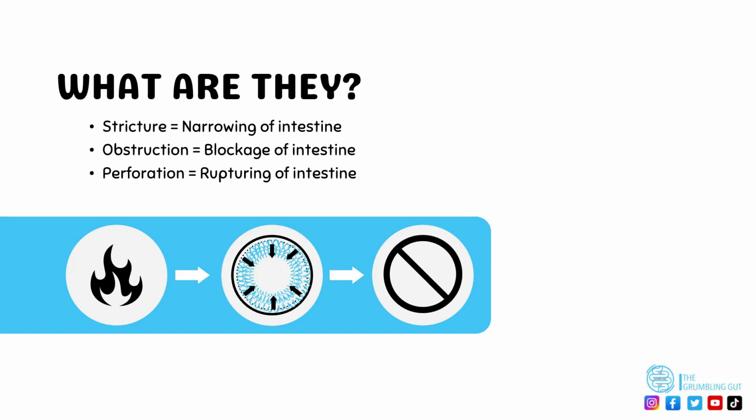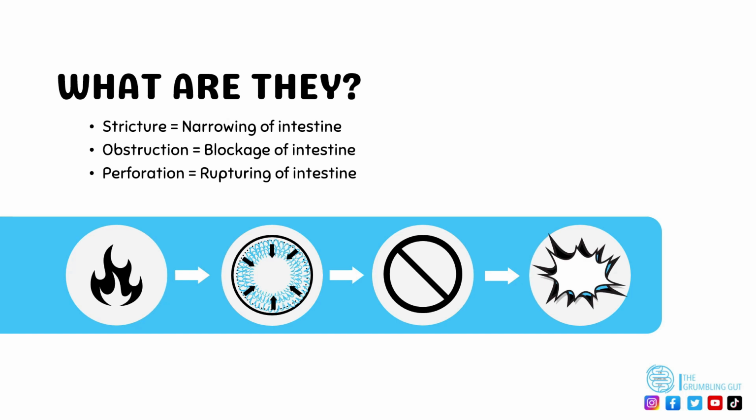It can get to a point where nothing can pass through the stricture, and this is known as a bowel obstruction or a blockage. This can be very painful and very serious as it weakens the intestinal wall to the point where it can rupture, spilling bowel contents into the abdominal cavity, which can lead to a life-threatening infection called sepsis.